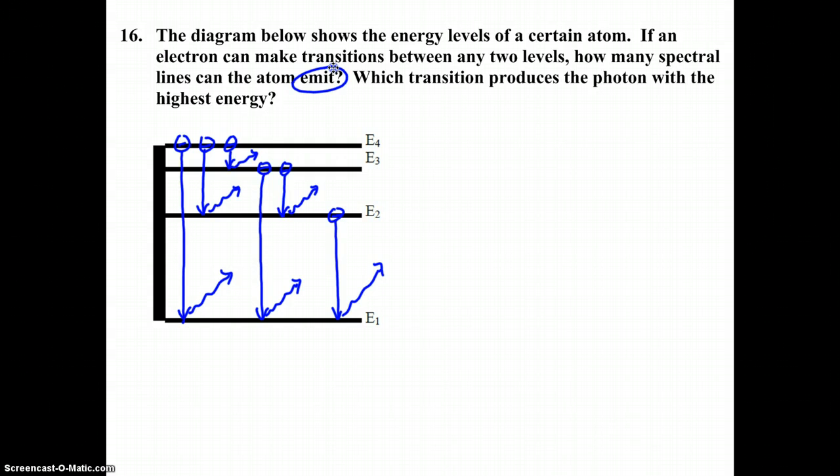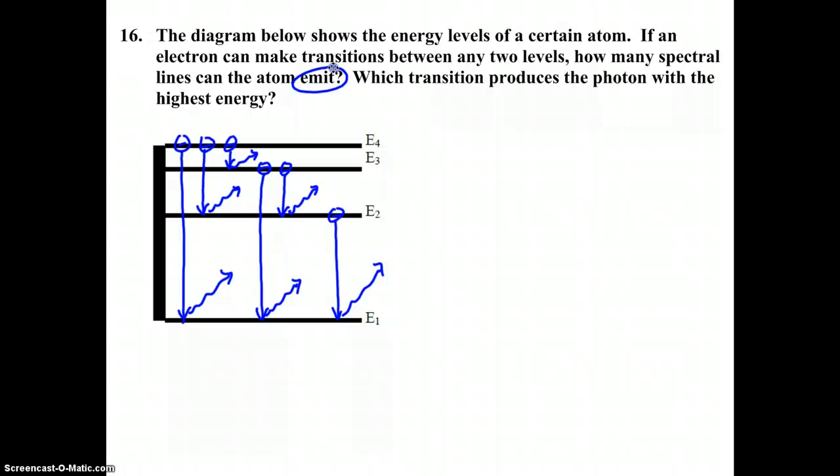The answer is yes, because if you take a look, for example, at E4 to E2, it would drop to E2, and then from E2 to E1, and we already covered that. From E4 to E3, it could then go from E3 to E1, E3 to E2, and we've already covered those possibilities. From E3 to E2, we've already covered that possibility from E2 to E1.